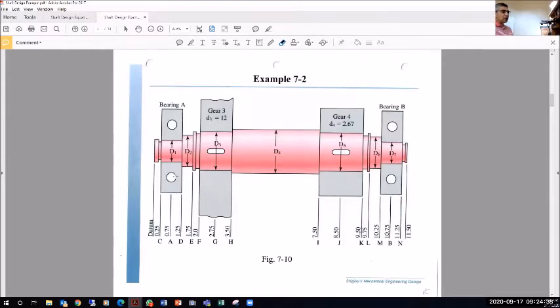Like knowing I have to have a bearing, and this bearing is going to be resting on a shoulder. But also I want to keep it in place, and I'm going to use a snap ring. So I have a groove here. And also my gear 3, for example, is going to be resting on a shoulder. And right after it to the left, I want to have a groove so I can also put a snap ring.